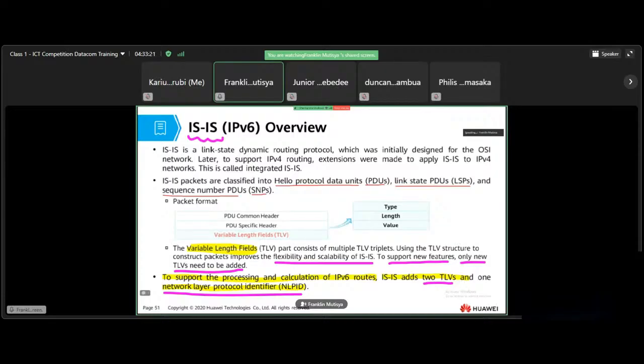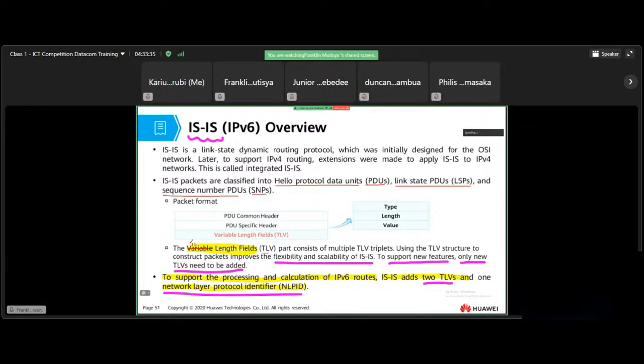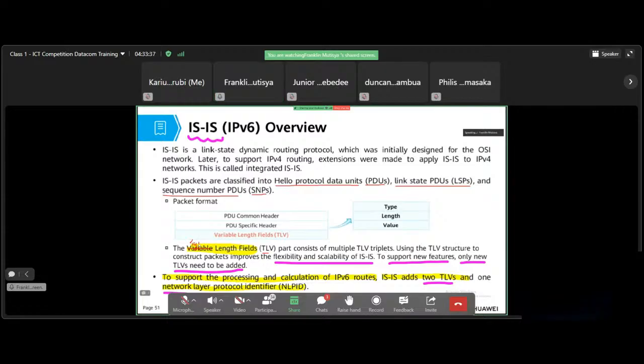Hope that is clear. Then we have what we call the type length value. This one should be type, not variable length. It should be type length value, type length value.